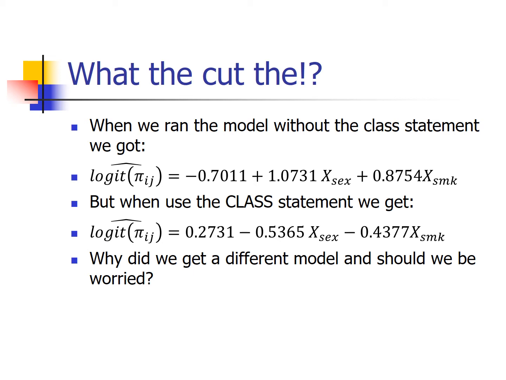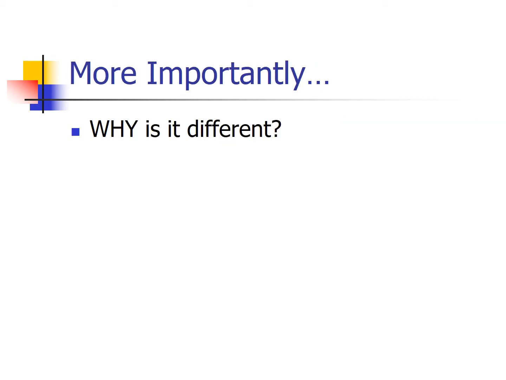And more importantly, should we be worried? Why is it different? And then I guess that will maybe help us answer the question as to how worried we should or shouldn't be. Where is this difference coming from? Time, my fellow statistical sleuths, time to get to the bottom of it.